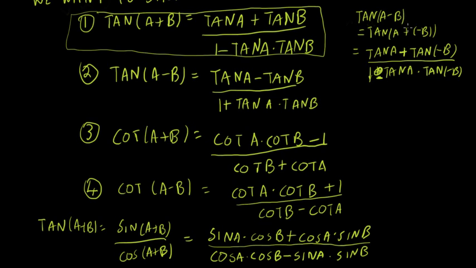Tangent of A minus B is the same thing as tangent of A plus negative B. So wherever you have B in this expression, you substitute negative B. So tangent of A plus tangent of negative B divided by 1 minus tangent of A times tangent of negative B. Tangent of negative B is the same thing as negative tangent of B, since tangent is an odd function.